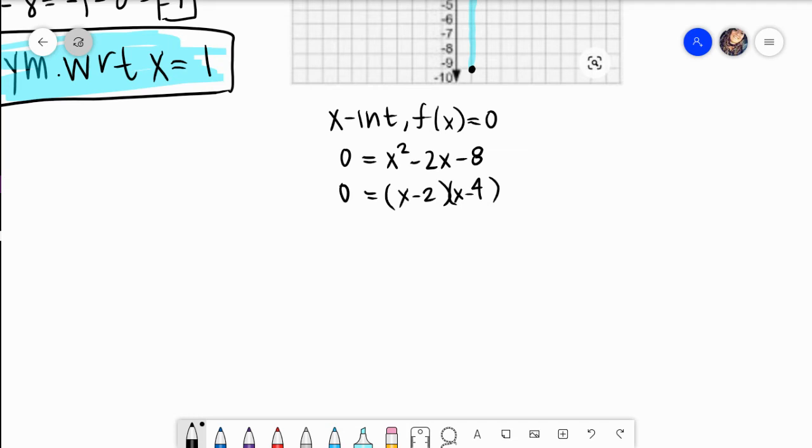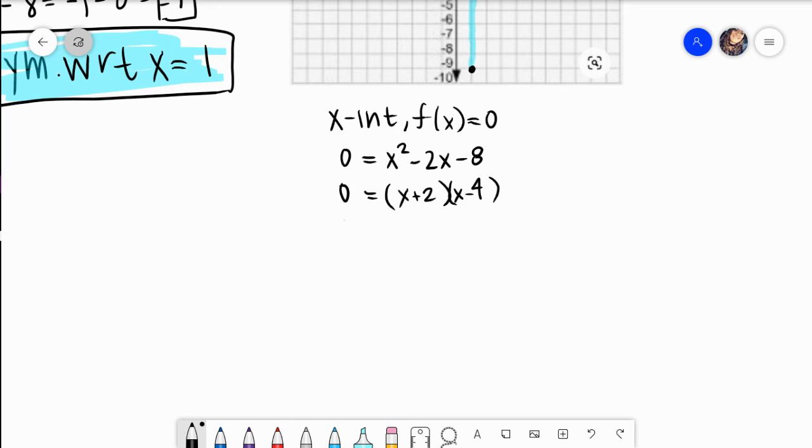The larger would be negative because if you FOIL this, I would have a negative 4x and a positive 2x. Those would combine together to give me a negative 2x. And then if you look at your last terms, 2 times 4 is 8. Signs are different, so it's negative.